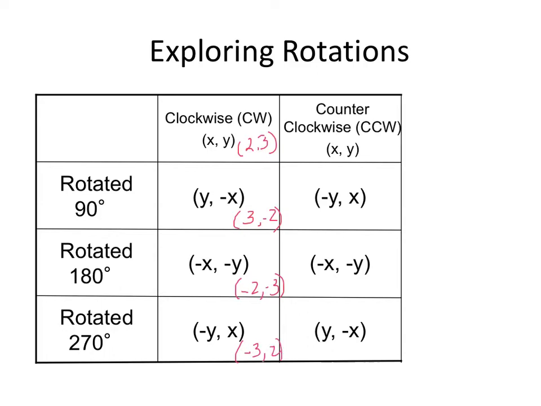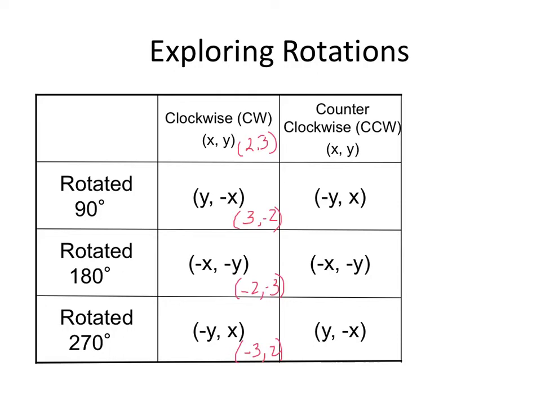So you can see that when you have your original point and the rotation of 180 degrees, they are just negatives of each other. And 90 and 270 are negatives of each other too. And the points X and Y switch places. Okay, so that's how the rule goes.